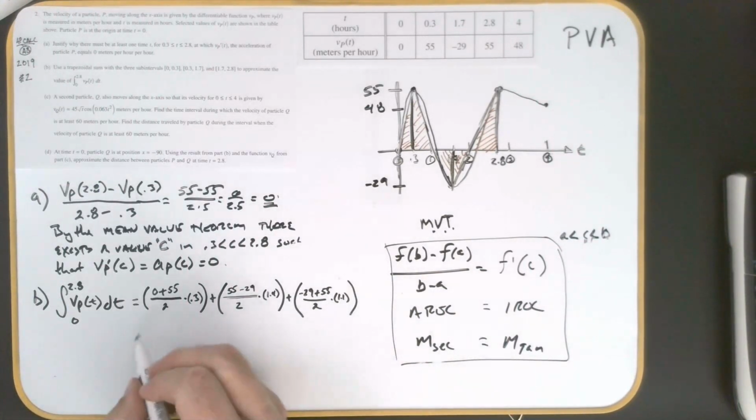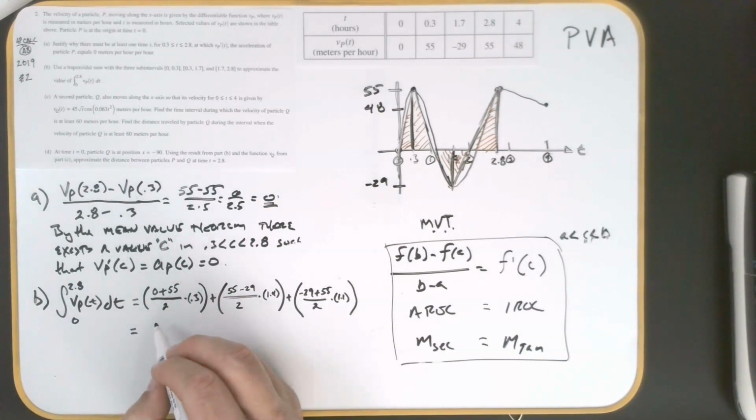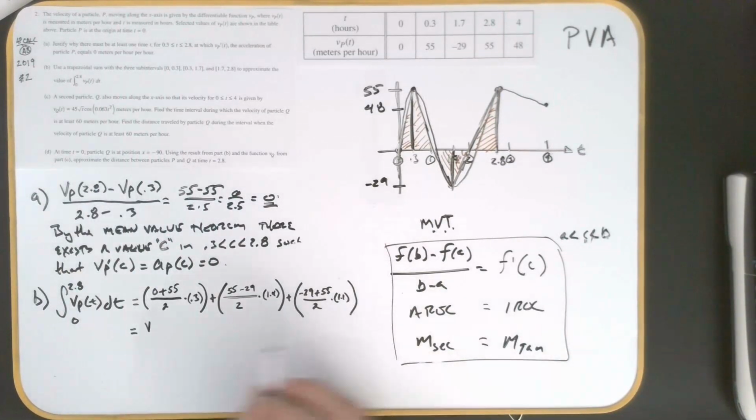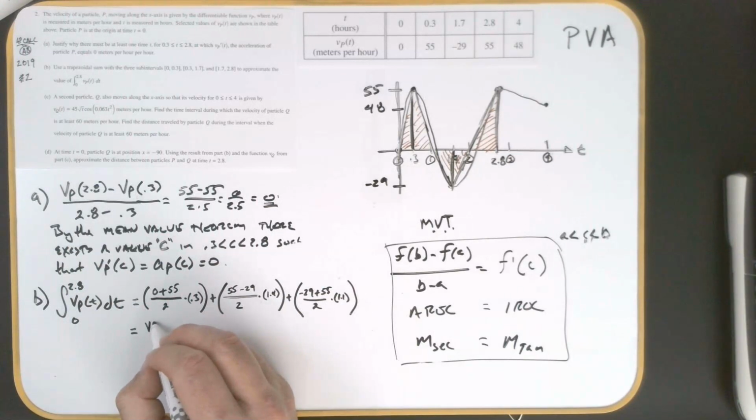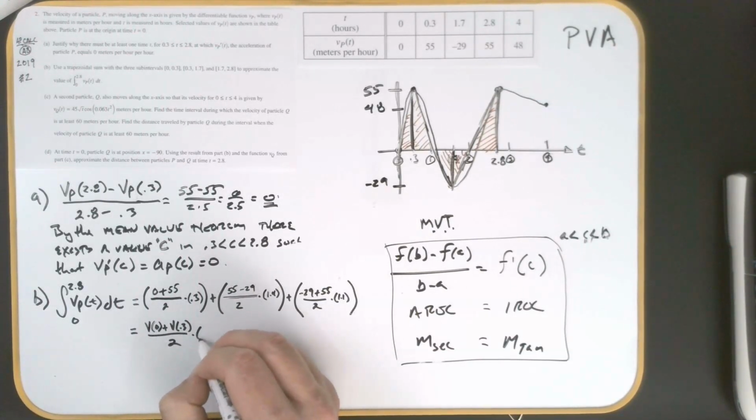I should have written this down first, just so I don't lose anybody here. This was actually what I was doing here. I was using my velocity. I'm not going to put subscript p because that'll be too cluttered here. So I was doing v of 0 plus the velocity at 0.3, divided by 2, times 0.3.